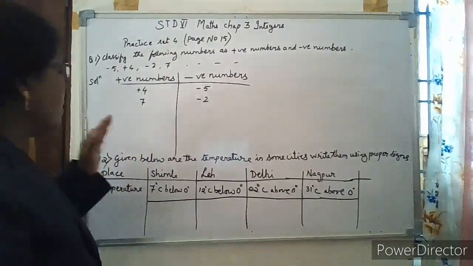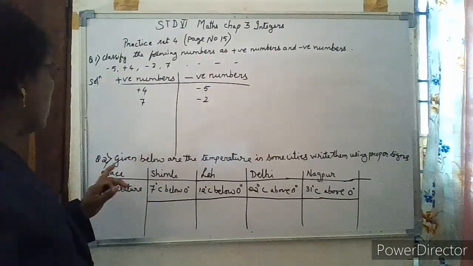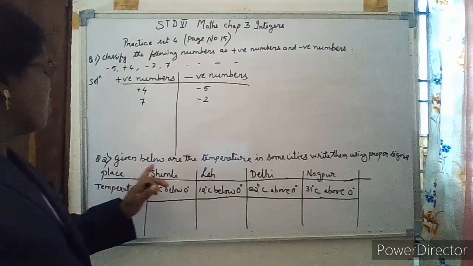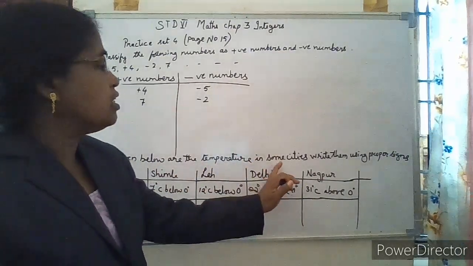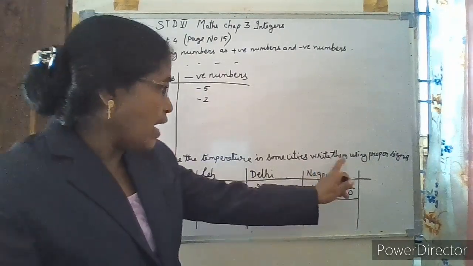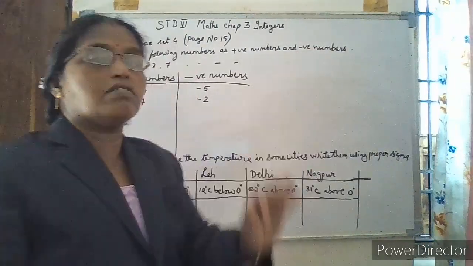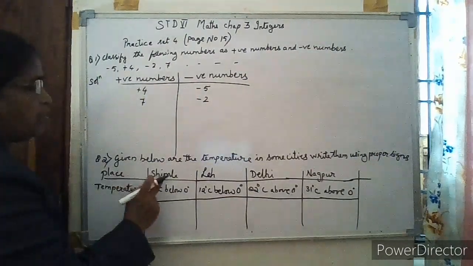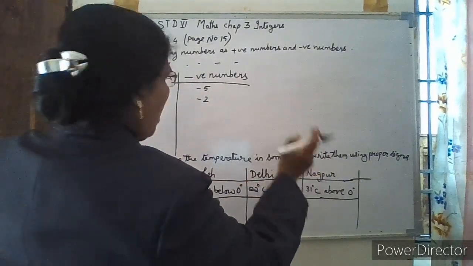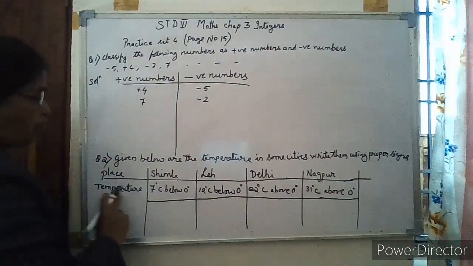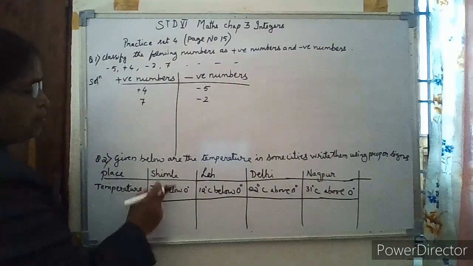Now let us go to the second question. See, the second question is given. Given below are the temperatures in some cities. Write them using proper sign. See, these are the places: Shimla, Leh, Delhi and Nagpur. Now, the temperatures of these places are given below.